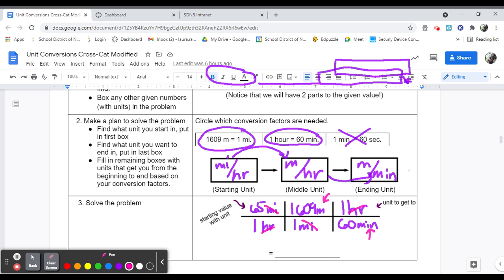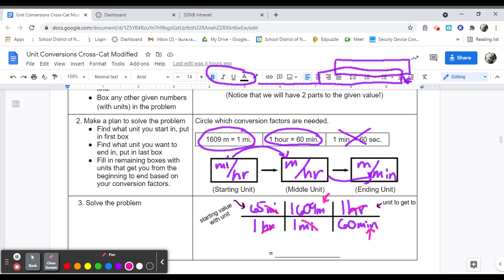So let's type that in the calculator. We have 65 divided by 1. So I did that part right here. Times 1,609. That was this step. Divided by 1. Times 1. Divided by 60.